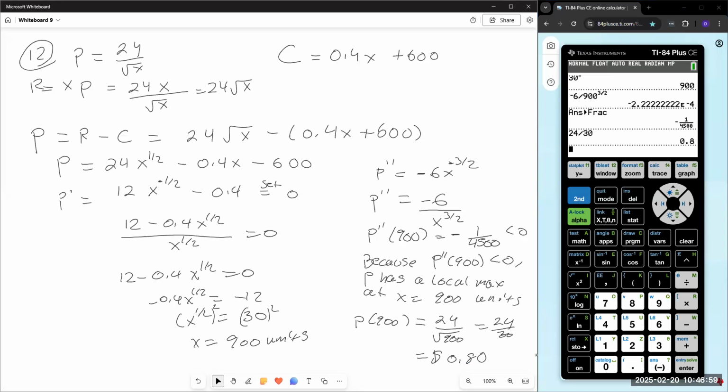So when we set our price to 80 cents, we'll sell 900 units and we'll maximize our profit.